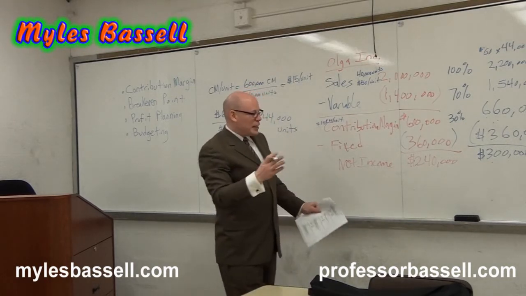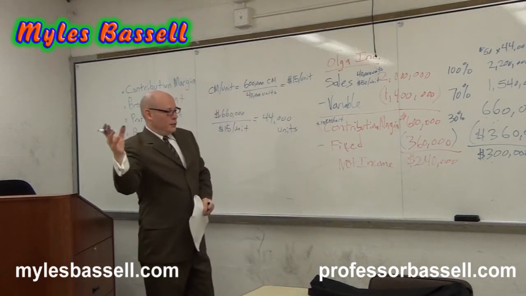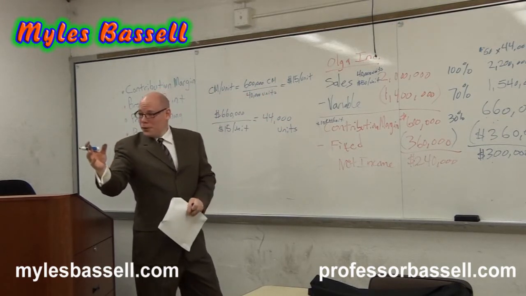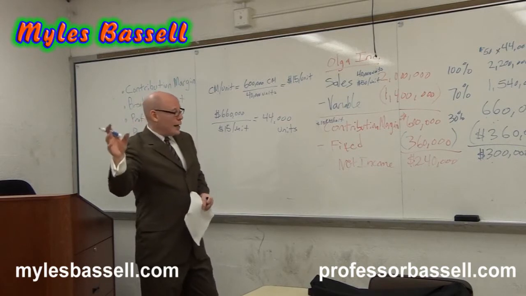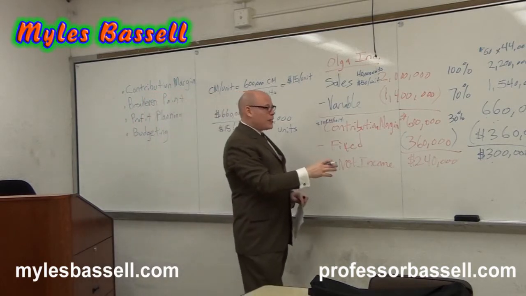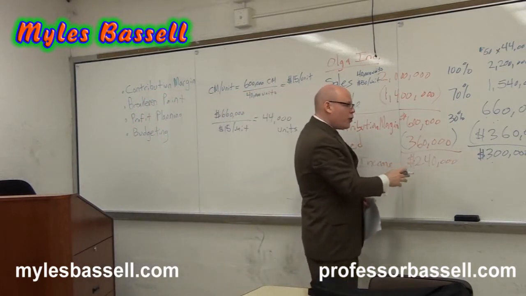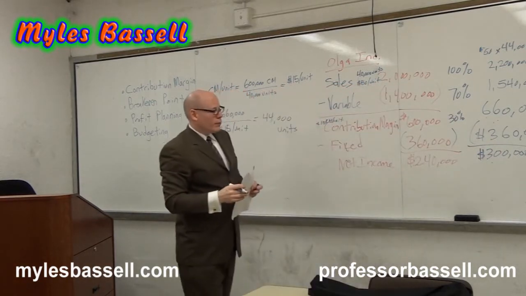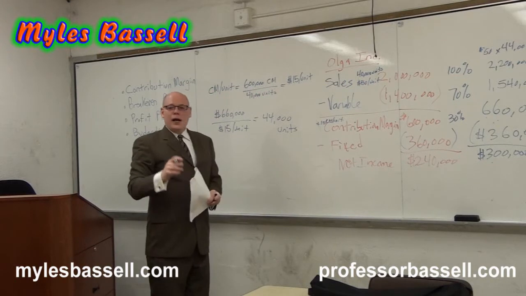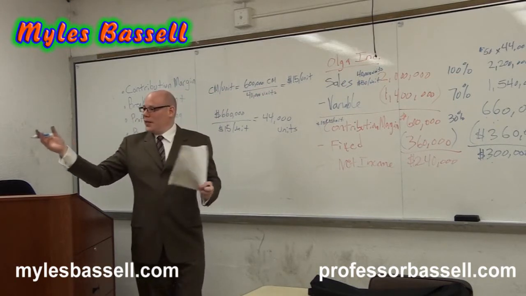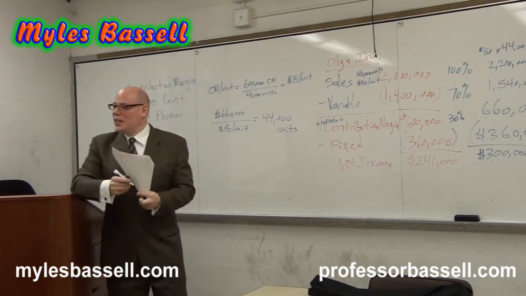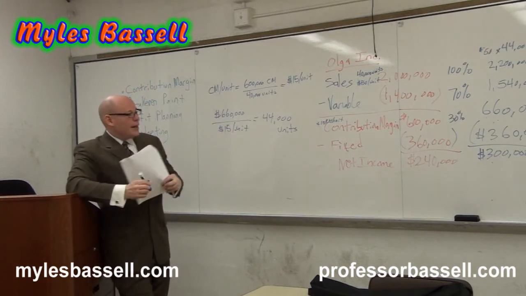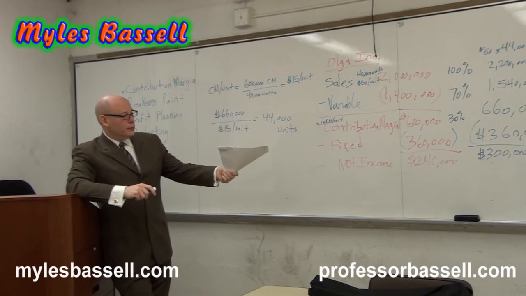So how did we get into this situation? Olga asked, what if our net income was not 240,000, but 300,000? Then we have to ask ourselves, how many units would we need to sell to generate that level of net income?